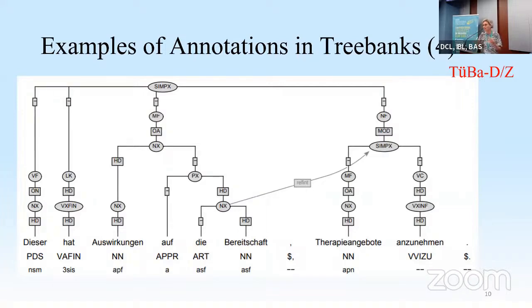Also, just to see how other treebanks look like. This is the German TüBa-D/Z treebank. And what is interesting in this representation is that you have a different way of presenting the syntactic labels, like NP, VP, and also the functional ones, which mark the clauses and everything like this.